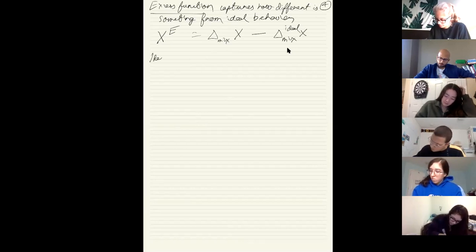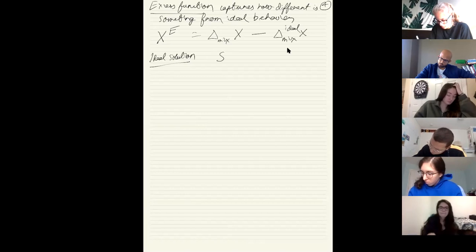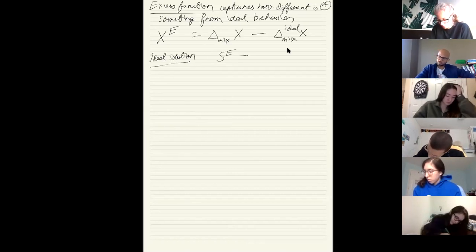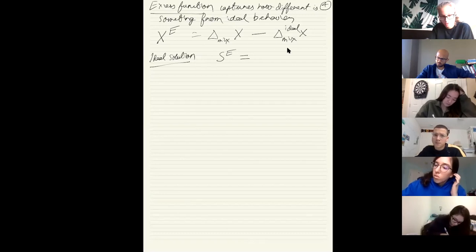For an ideal solution, we just saw that S and excess entropy, for example. Let's think through this just to make sure that we are on the same page. I want you all to think about the excess entropy for an ideal solution.